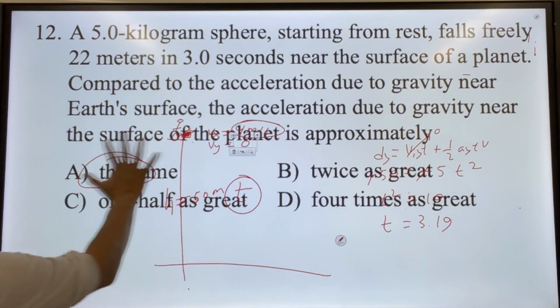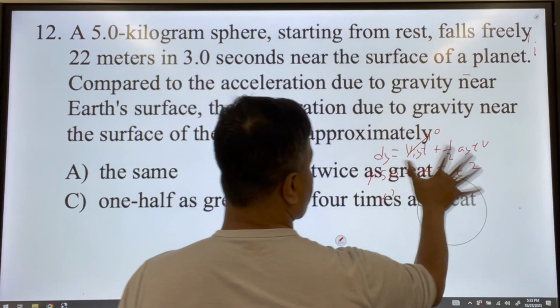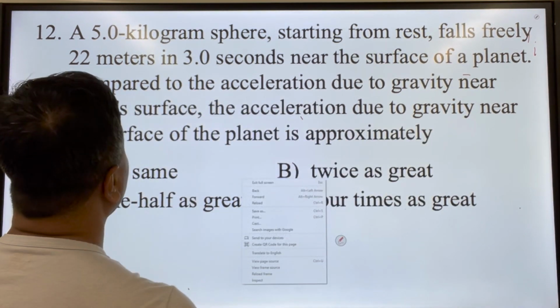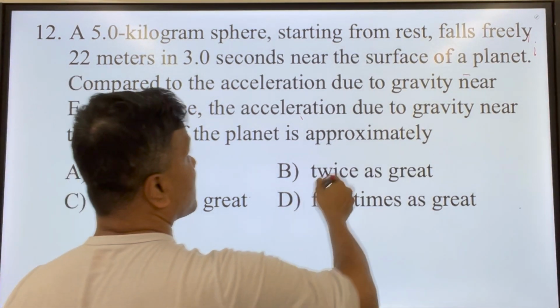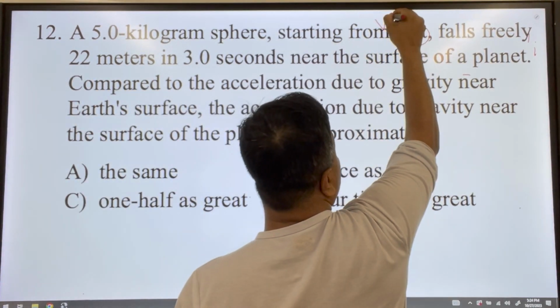Problem number 12. A 5 kilogram object is dropped from rest. Rest means Vi is equal to 0.